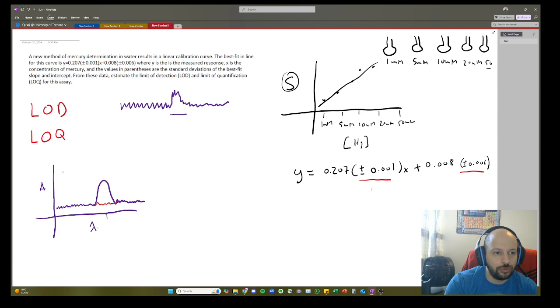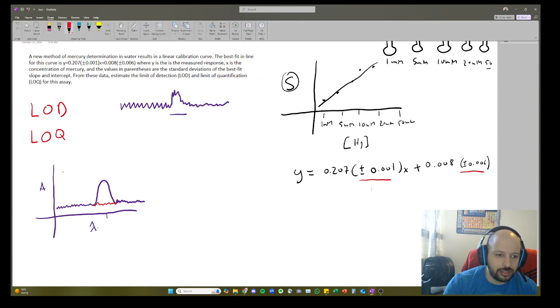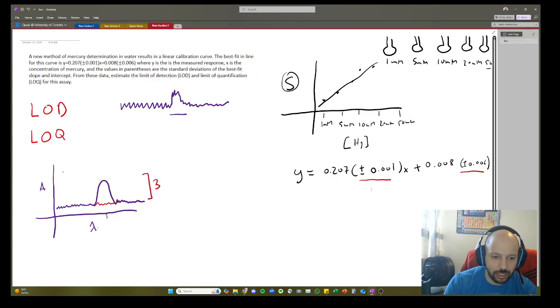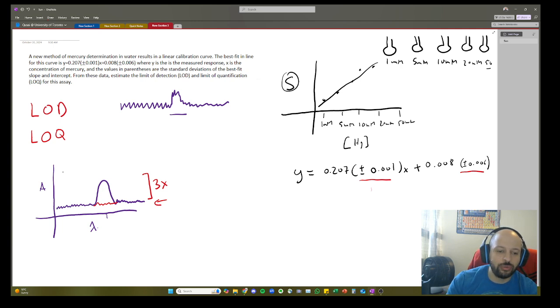The idea is that the signal you get should be no less than 3 times the baseline, in terms of the magnitude of the absorbance. If the signal is less than 3 times the baseline, you cannot say that you accurately detected something. If the signal is more than 3 times your baseline, then you can accurately say whether you detect something or not.